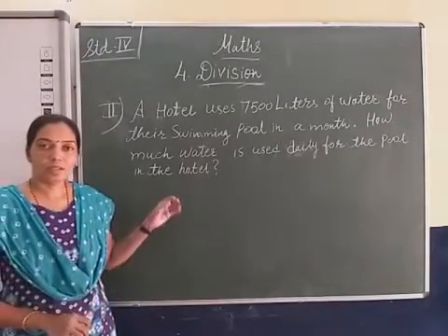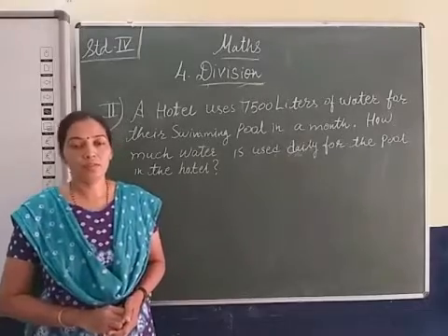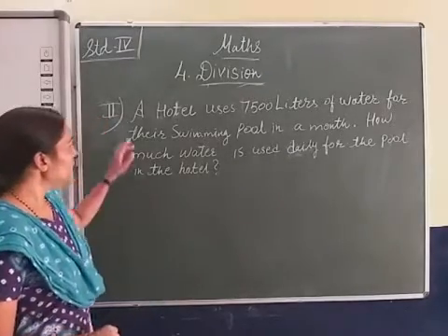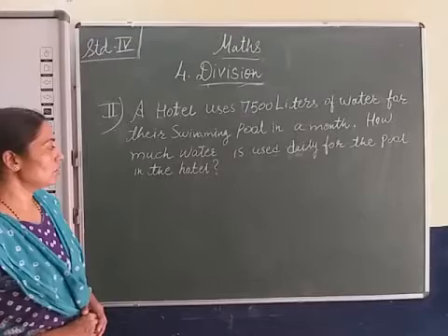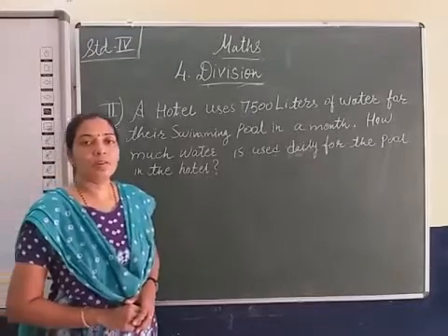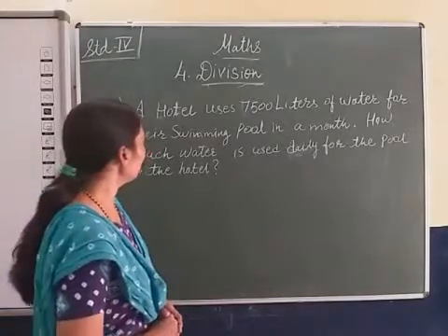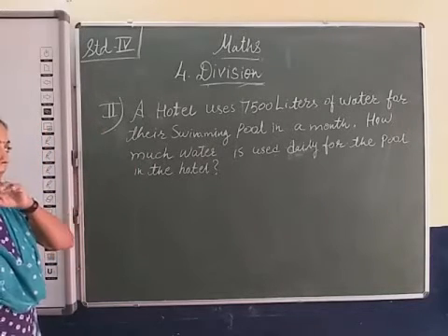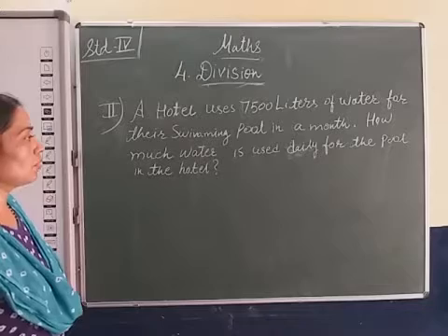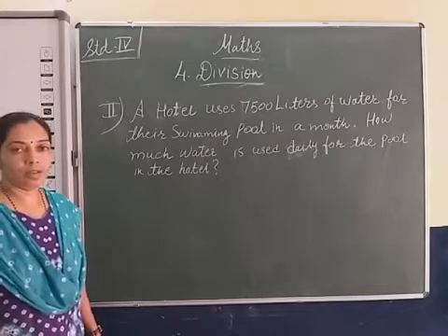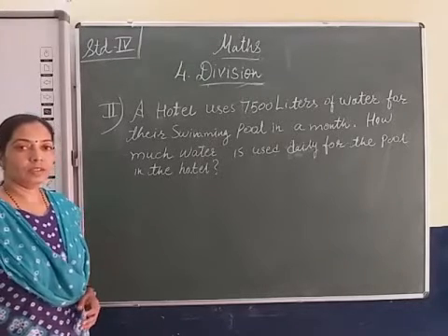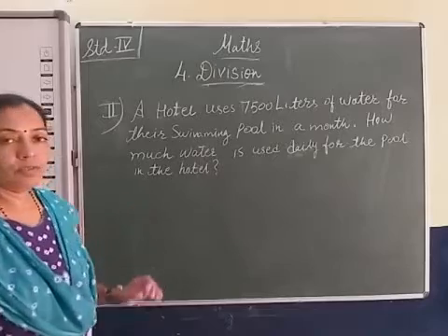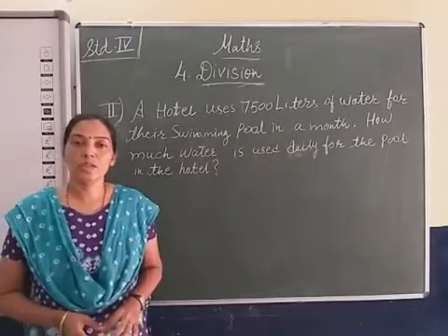Students, this is the second question for the word problem of division. A hotel uses 7,500 liters of water for its swimming pool in a month. How much water is used daily for the pool in the hotel? The information given: 7,500 liters of water used for a month.